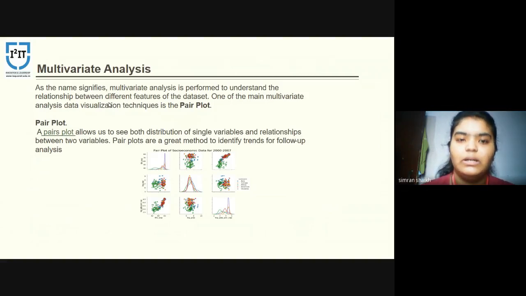It's basically simple: we pair and plot the variables. Here we are pairing the two variables, and we are going to see how much they differ.